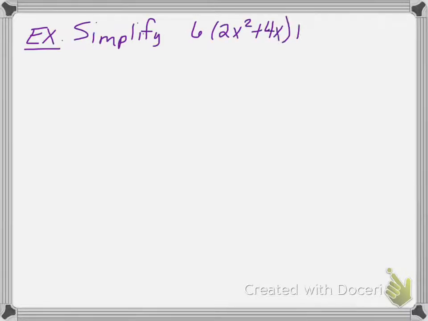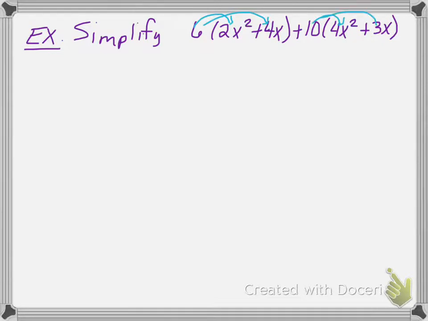So just a little example here about simplifying. Let's say we had this problem. 6 parentheses 2x squared plus 4x, close parentheses, plus 10, open parentheses, 4x squared plus 3x, close parentheses. So we have 2 sets of parentheses. We have something in front of each one, so we need to distribute. So that's the first thing.